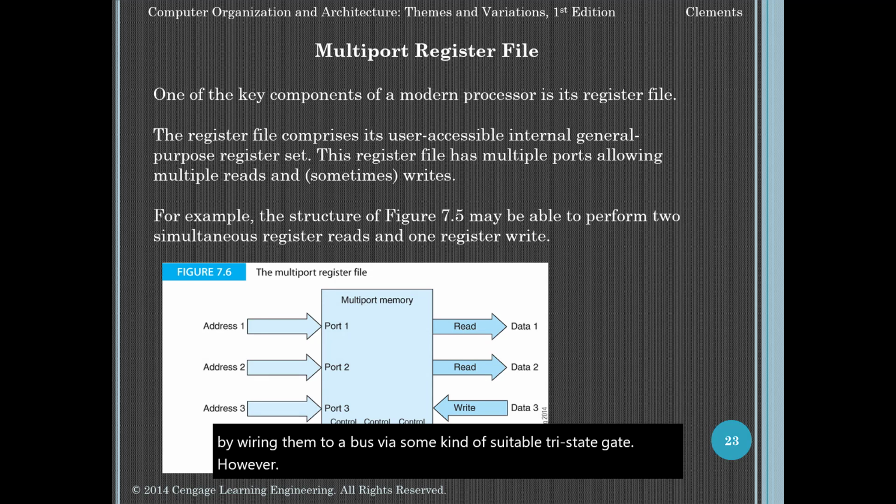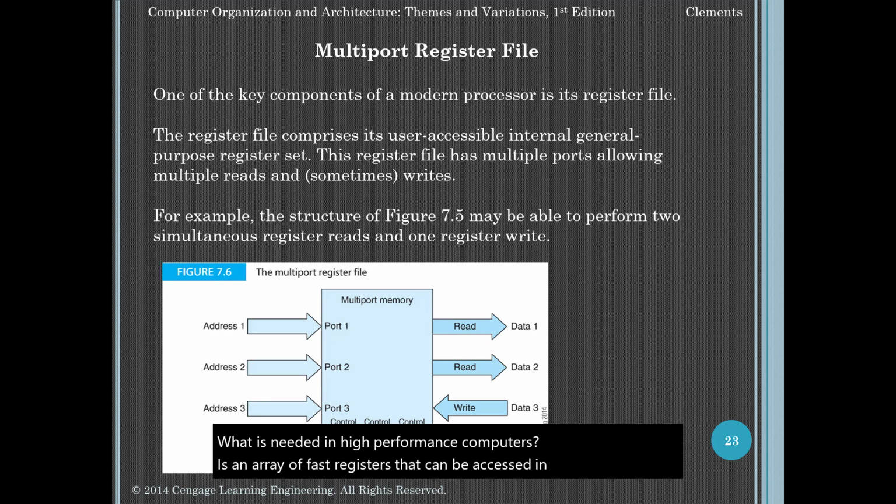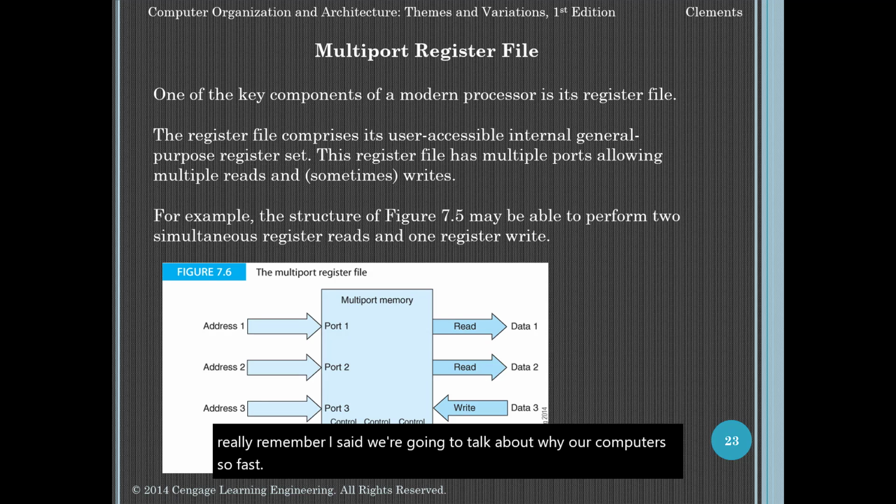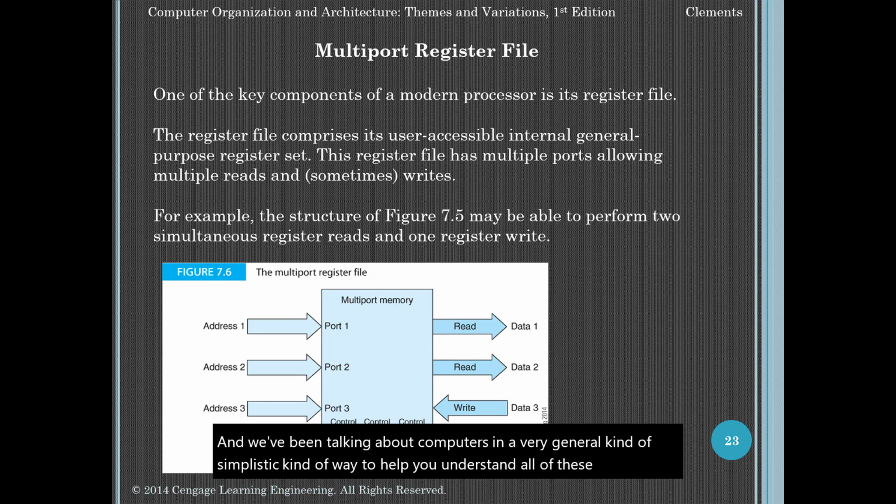However, what is needed in high-performance computers is an array of fast registers that can be accessed in parallel. Remember I said we're going to talk about why computers are so fast, and we've been talking about computers in a very general, simplistic way to help you understand all of these different components.